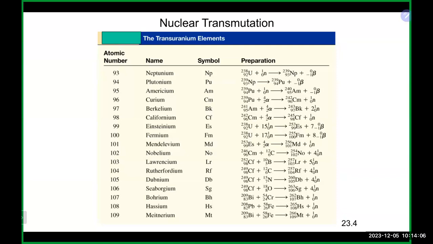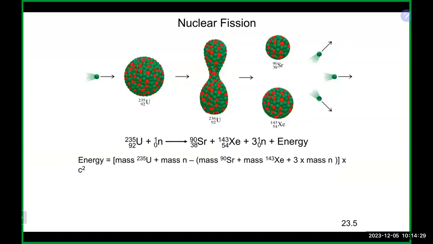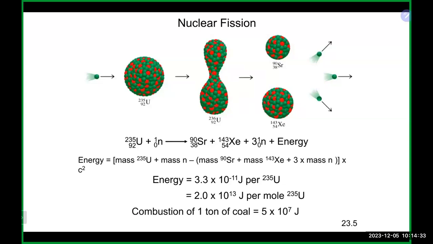All the ones with the good names like Einsteinium, Californium, Berkelium, all those. They're made by, as you can see here, shooting particles at other stable nuclei, and they will split off and become those man-made elements. So in this process, it goes through a fission process, which does give off a lot of energy, as we talked about.